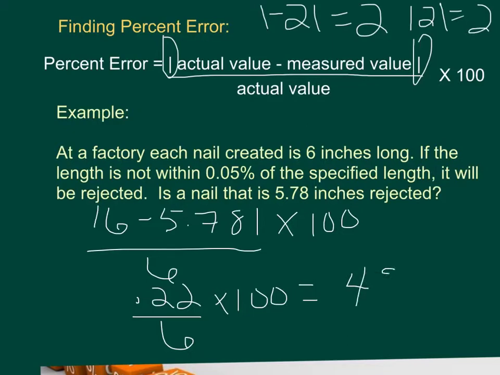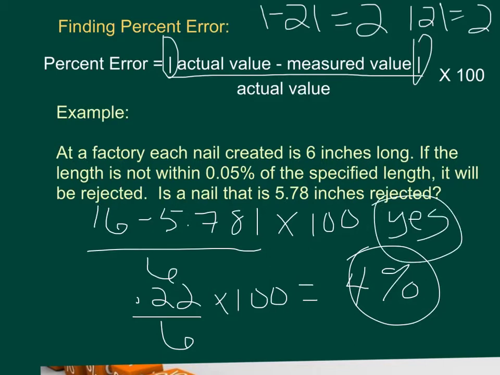Therefore, 4% is our percent error. Since 4% is larger than 5 hundredths of a percent, the nail that is 5 7/8 inches is rejected. Please take a moment to pause this video and record the example in your notes.